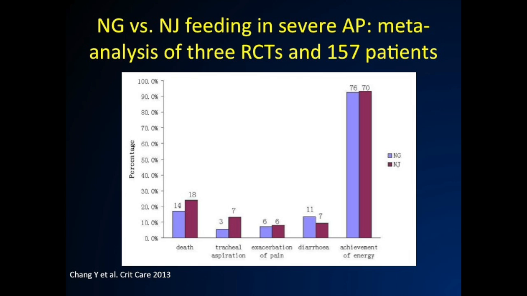So death, actual tracheal aspiration, which is one of the major theoretical concerns of nasogastric feeding, was actually higher in the nasojejunal group. Pain exacerbations, the ability to achieve appropriate energy balance in terms of caloric intake, these were all pretty similar. So the general feeling is that nasogastric feeding is probably okay.